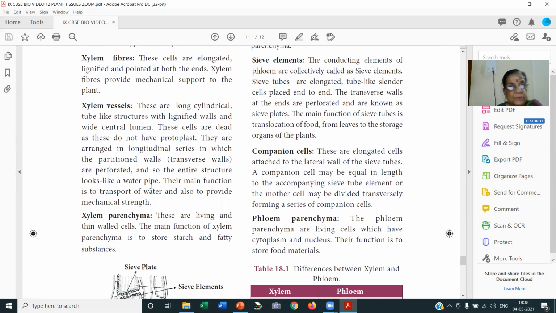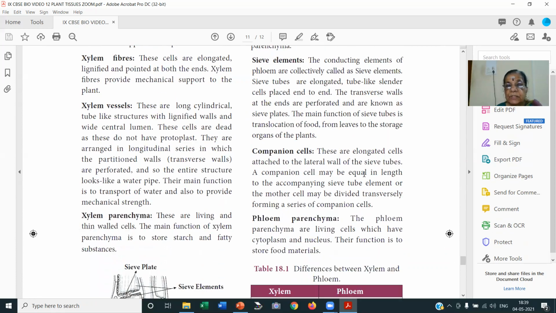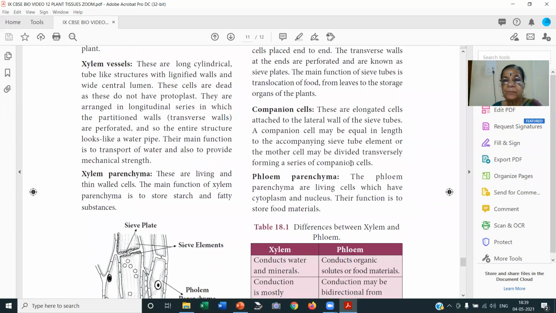Right? The description I have just given, I said it on the whiteboard. Same way with the phloem, 4 elements. The conducting elements of phloem are collectively called sieve elements. The sieve tubes are elongated tube-like structures placed end to end. About the companion cell, we have already studied.